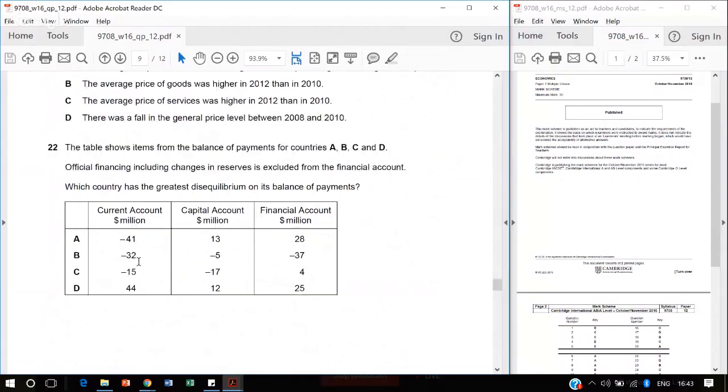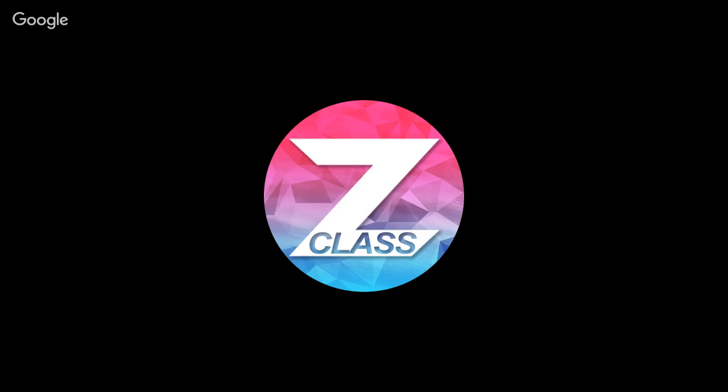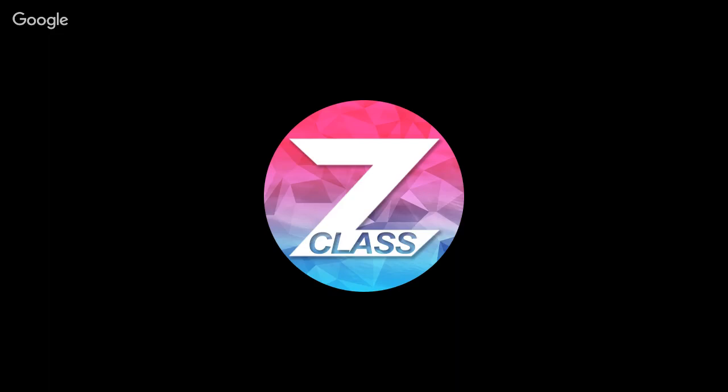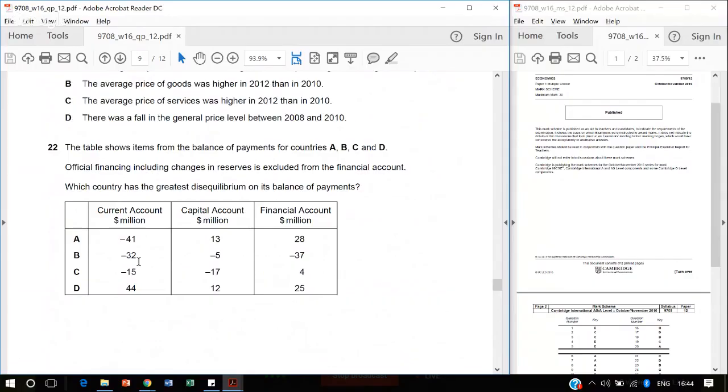The table shows items from the balance of payments for countries A, B, C, and D. What do you think about this one? Okay, so balance of payments involves... so I said it was D. Oh yeah, this is our balance of payments question, so we can look into it.